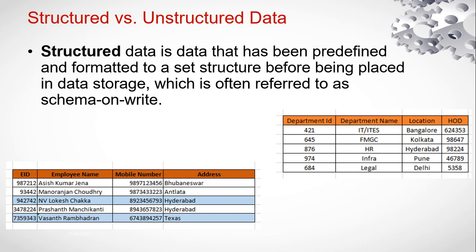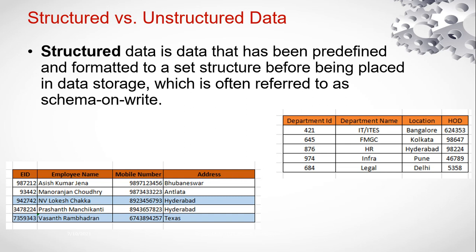So this is a very typical example of structured data. Any data we store to the storage that can be formatted or organized in a predefined structure before storing into the system is called structured data. This is also called schema on write.